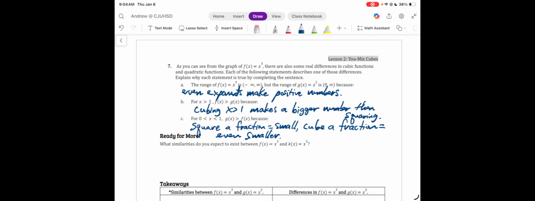Okay, so let's do some takeaways here. Similarities: same domain. 0, 0 is going to be the same, the reference point. Continuous. Increase on the same interval. And they transform the same.